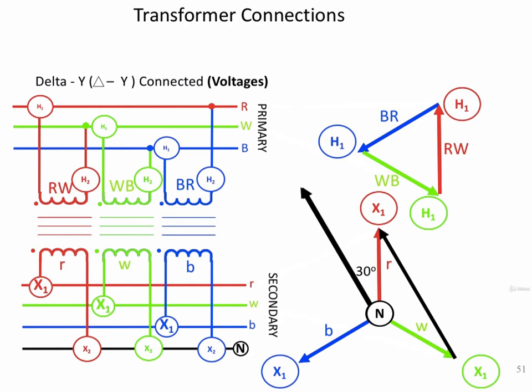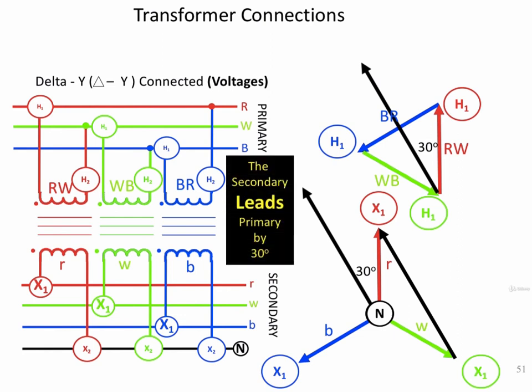And we know that the red phase secondary is magnetically linked to the red to white phase primary of the red phase transformer. So that means that the phase to phase secondary voltage must lead the phase to phase voltage of the primary. And in general terms, we might say that the secondary leads the primary by 30 degrees.